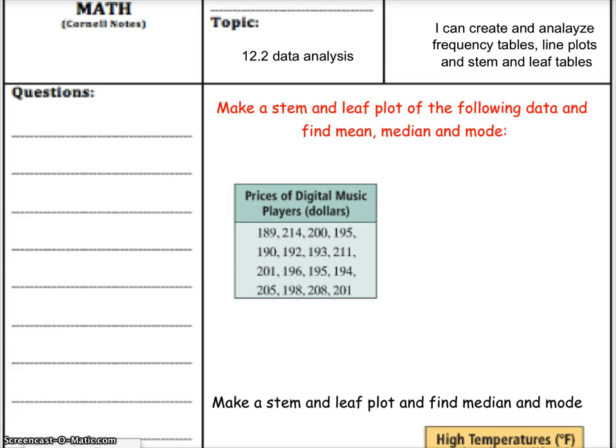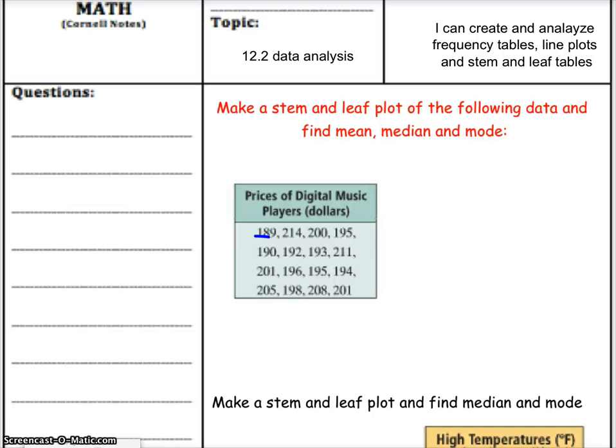So let's make a stem and leaf for the following data set. And then I want to find the mean, the median, and the mode. So I look to see what are the numbers I'm dealing with. It's 3 digits, so I know that my stem part needs to be 2, because you can only have 1 digit on your leaf.